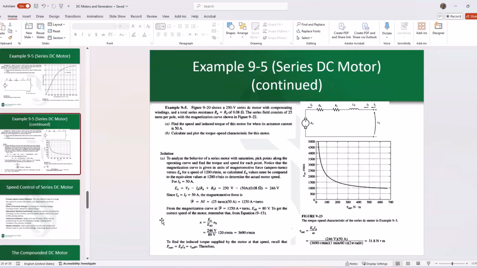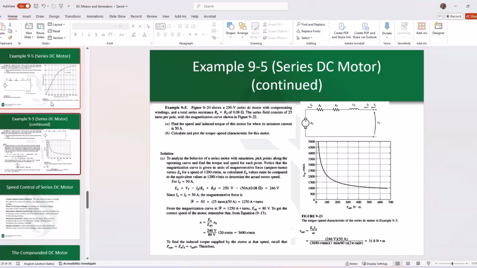Okay, so let's look at this. For I_A equal to 50 amps, through the circuit of this machine, we get E_A equal to V_T minus I_A times (R_A plus R_S), which gives us 246 volts. Since I_F is the same as I_A, the magnetomotive force would be 25 turns times 50, or 1250 amp-turns.